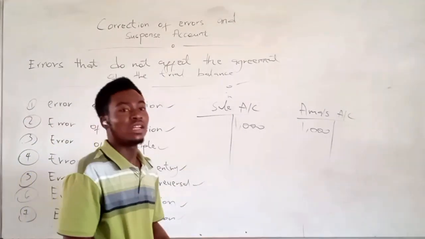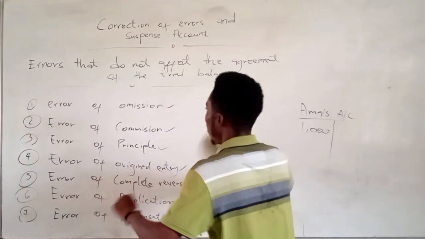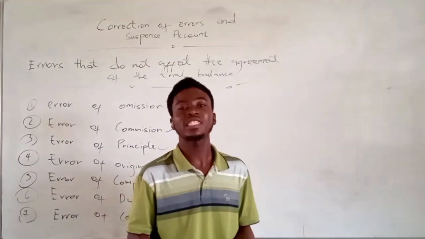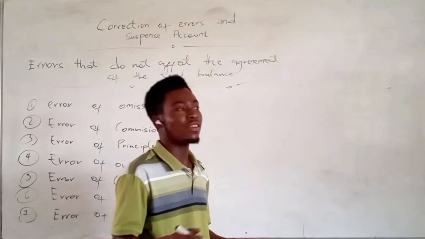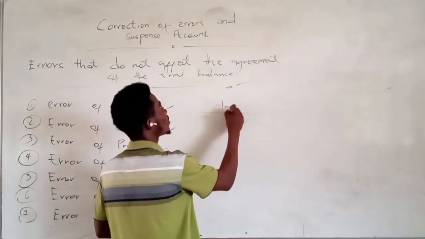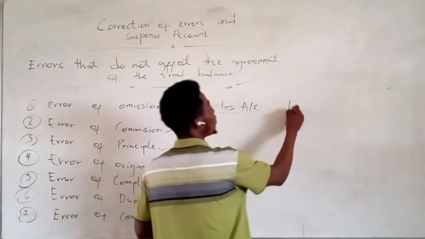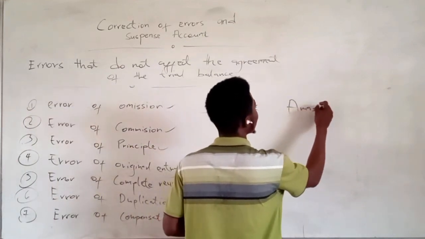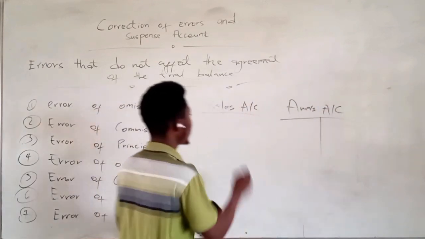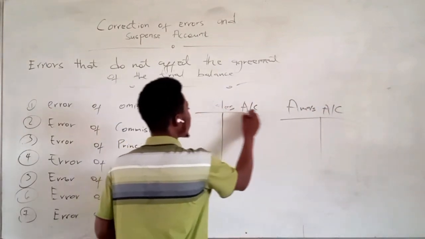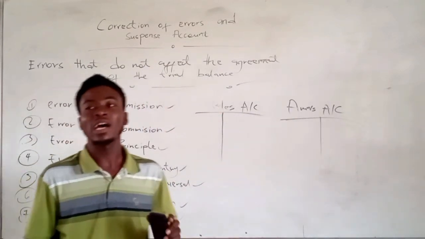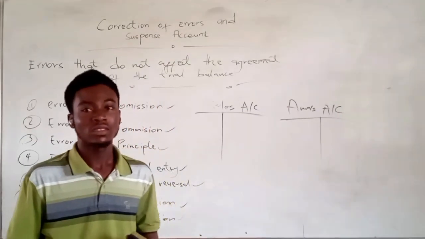So now let's go to the other error and correct it. You have the error of partial reversal. When we say error of partial reversal, let's say we have sales account and Amex account, and Amex purchased goods of 1,500 on credit.